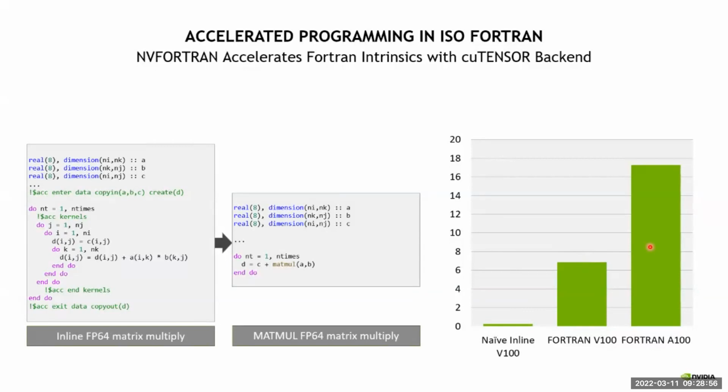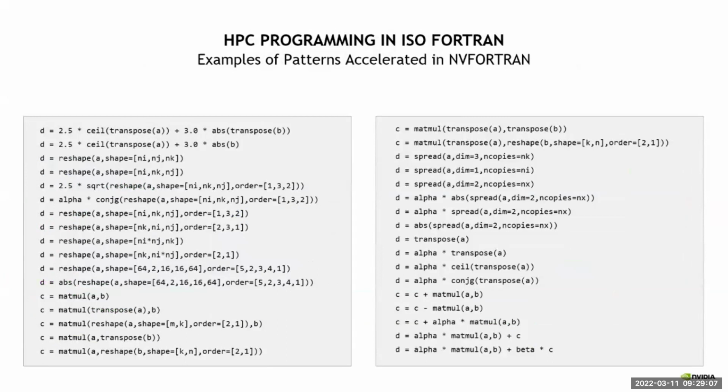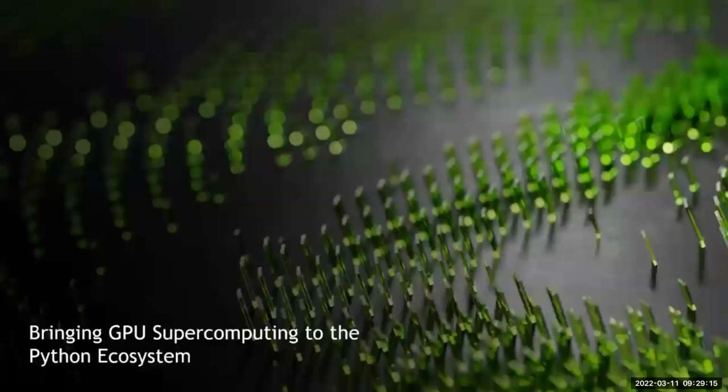And so writing the code in this way lets you take advantage of all of the innovations of the hardware and software without making any code changes, and it's completely portable. And this is not just limited to matrix multiplication. There's a variety of math intrinsics that are available in the Fortran language that we could take advantage of.